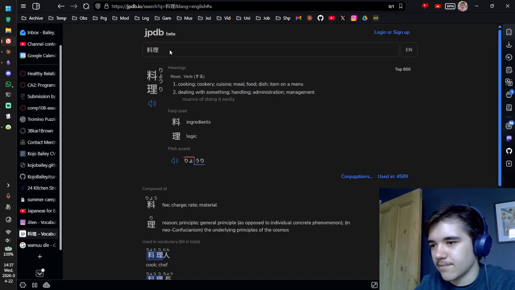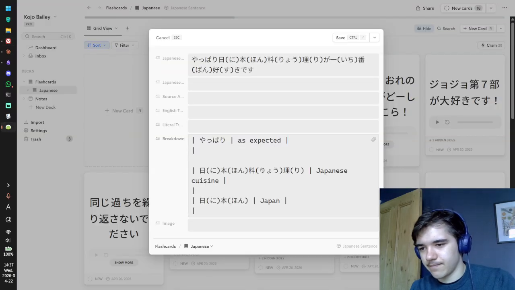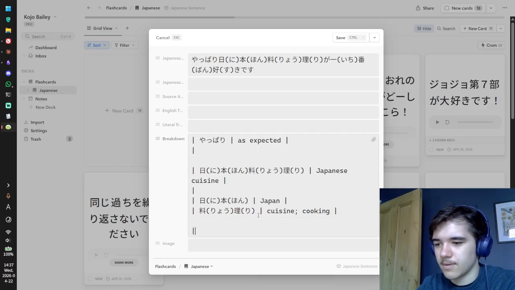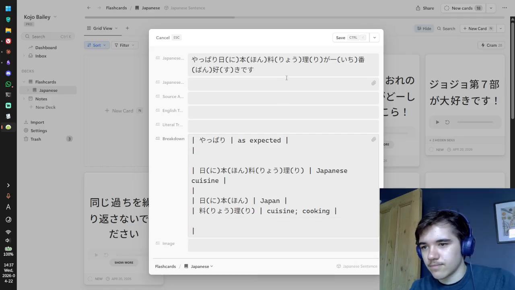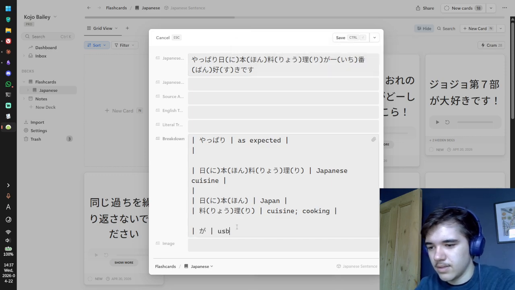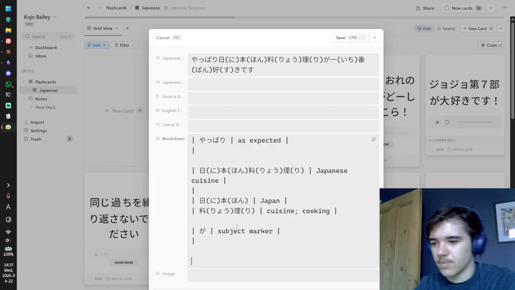Ryori, cooking, cookery, cuisine. Ga, the subject marker.